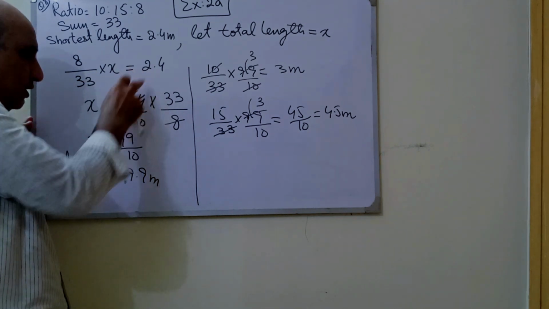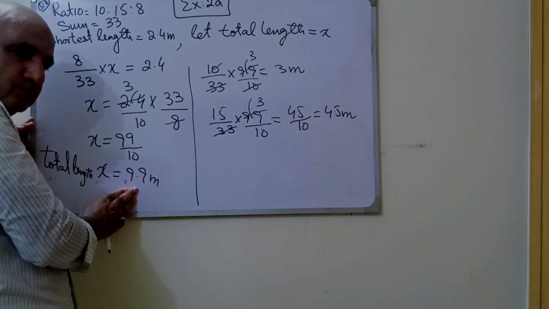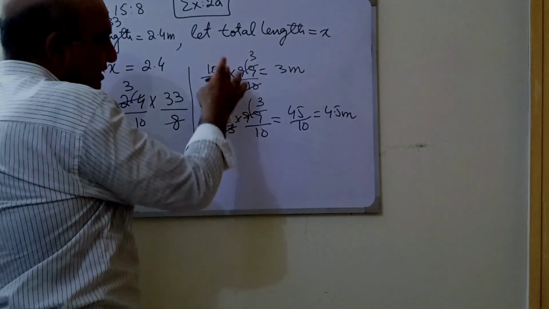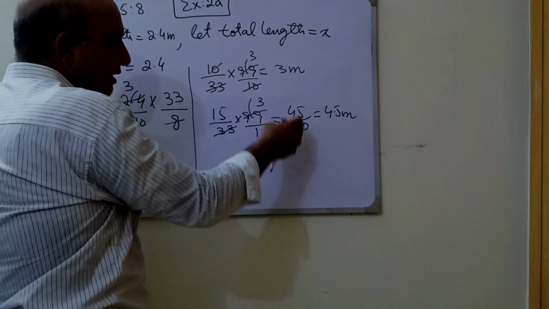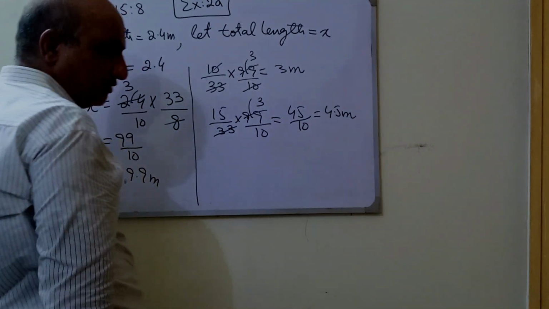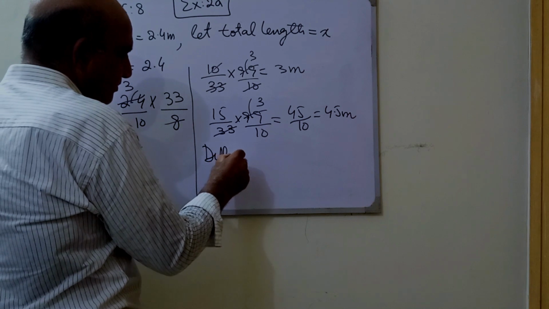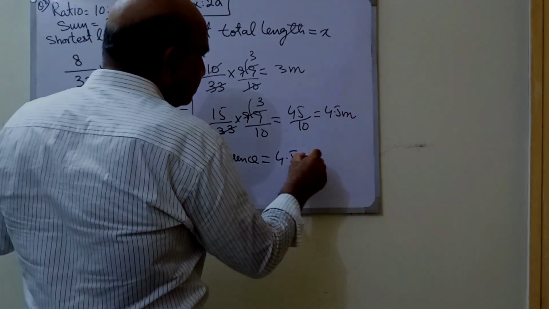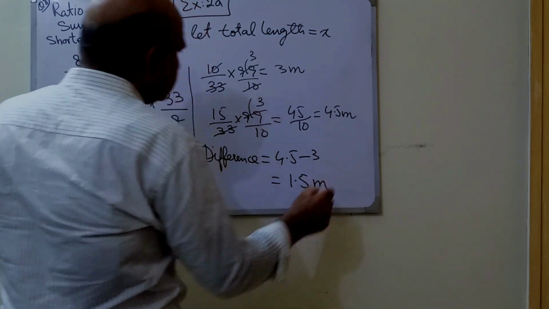This is already given. From here we have found the value of x, and when we have the total length, then we can find the other two lengths as well, that is ratio over sum of ratio times total, that is 9.9. We have found the lengths of the other two. Now I'm going to find the difference. So the difference is 4.5 minus 3, so this is 1.5 meter.